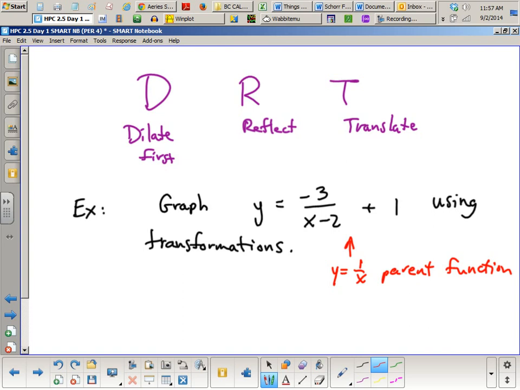Maybe it would help if I wrote it like this: negative 3 times 1 over x minus 2 plus 1. Now that I wrote it that way, you see how my function, 1 over x, is being multiplied by a 3? That's a vertical stretch. Okay, so let's start identifying what's going on here.